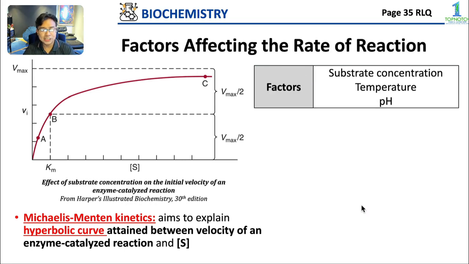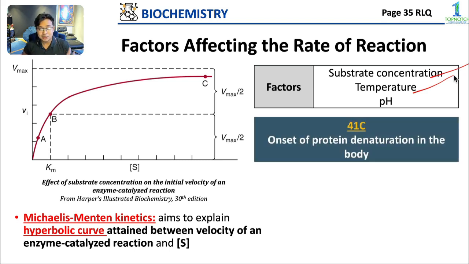Now, of course, factors may affect the rate of reaction. 1. Concentration substrate. If konti lang sila, mabagal yung ating rate of reaction. Second, temperature. Now, depende yan. Sa early parts of temperature increase, okay pa ang ating rate increase. Pero, pag dumating ka ng around 41 degrees Celsius, magkakaroon ka na ng slowing down. Kasi, that is the onset of protein denaturation in the body.